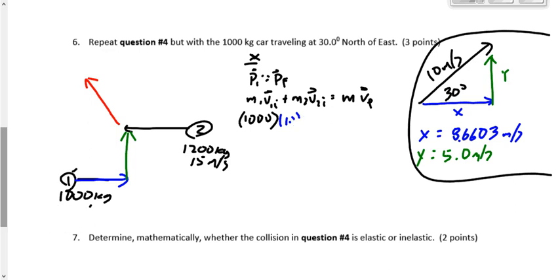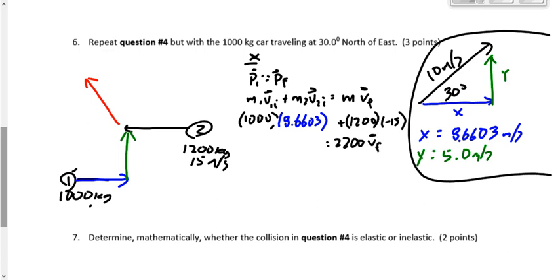What should it be? 8.66, right? Plus m2, which is 1,200 times v2i, negative 15. Don't forget the negative in there, because it's to the left, equals the total mass of 2,200 times Vf.